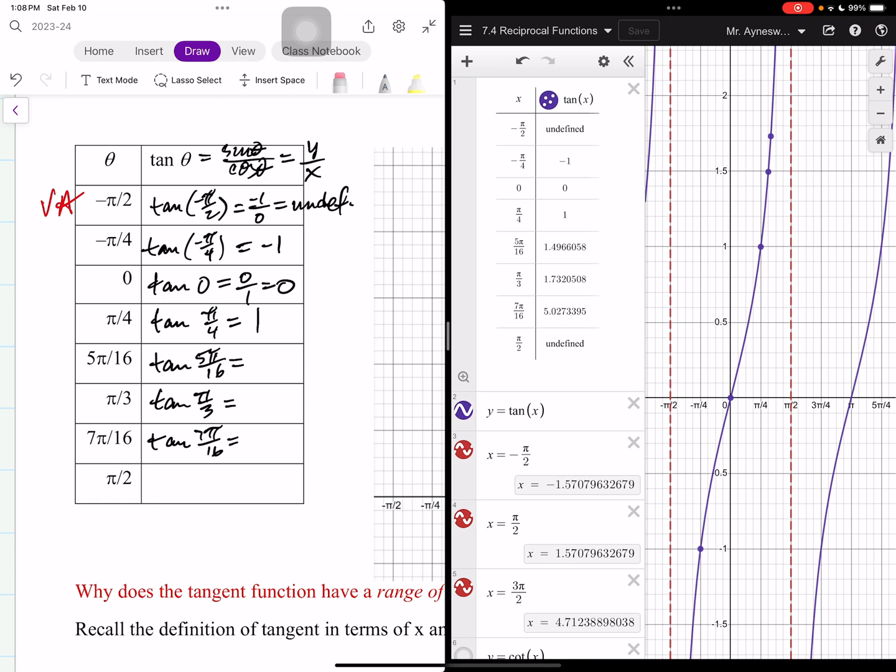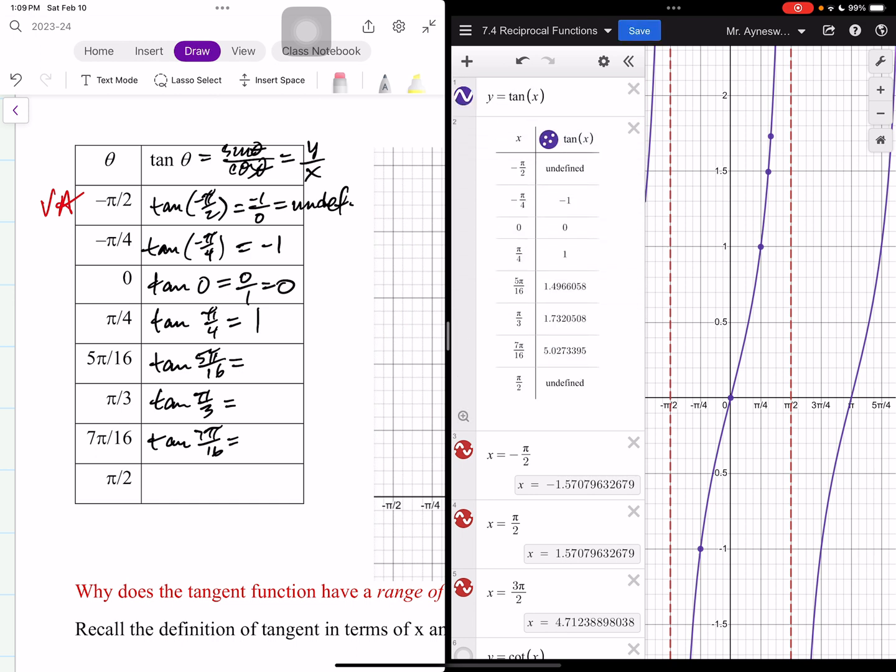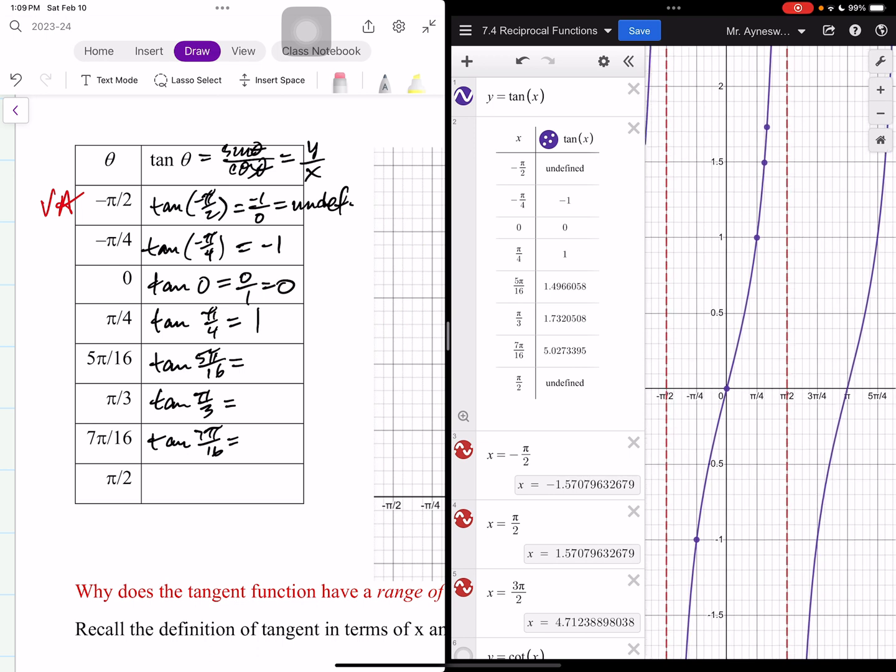All right, so notice that I already have the functions and the table loaded. Okay, I want you to pause the video right now, right? And you guys know how to enter a function in, also create a table here. So go ahead and do that. So first type in the tangent function, and then use the gear at the top of the screen up there.